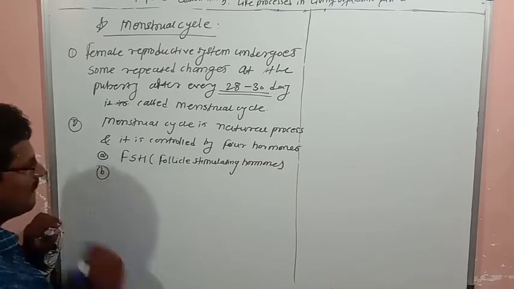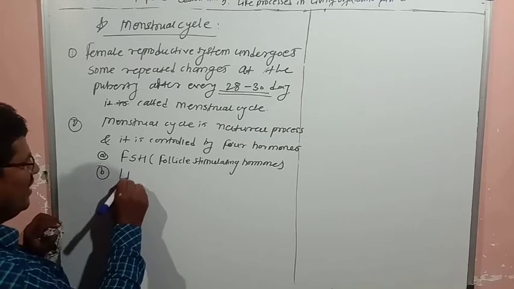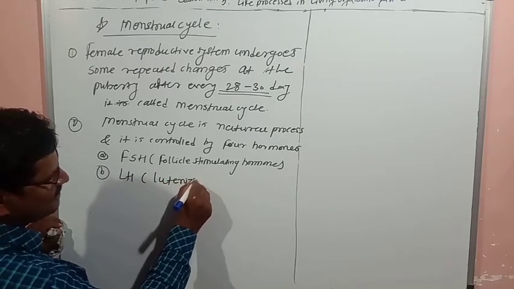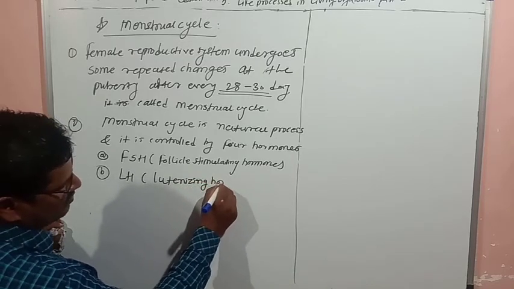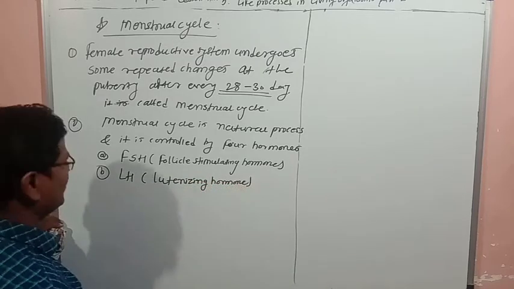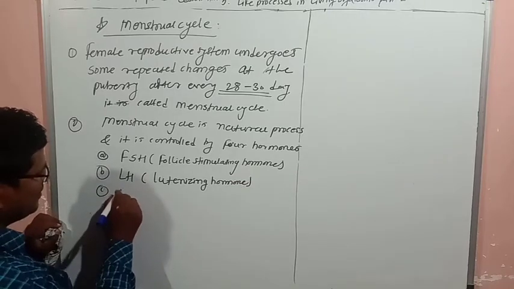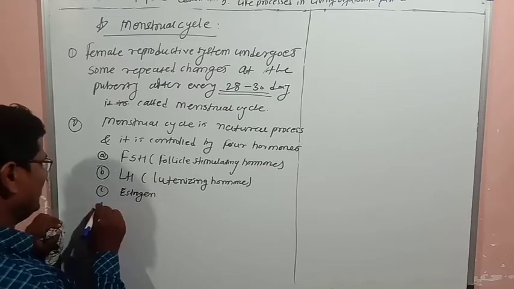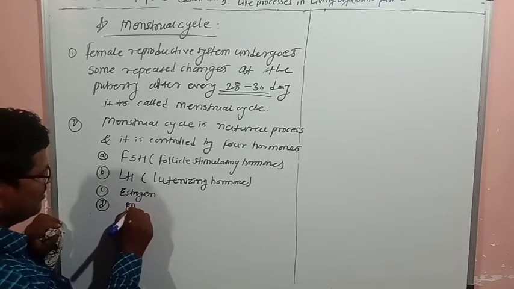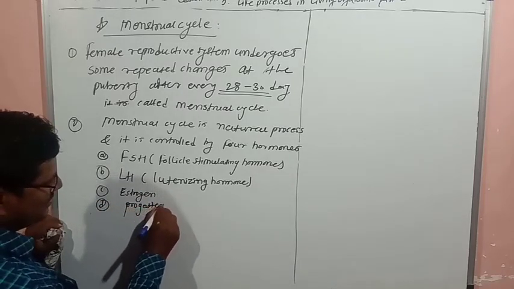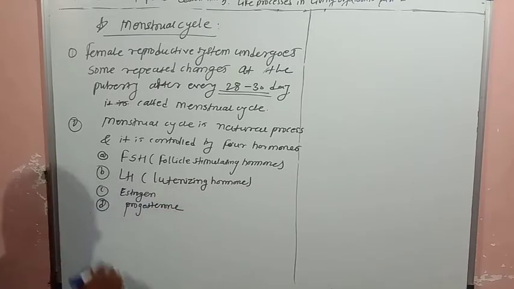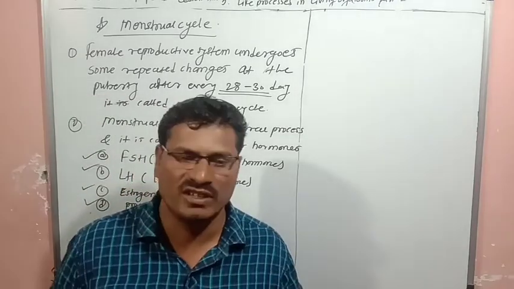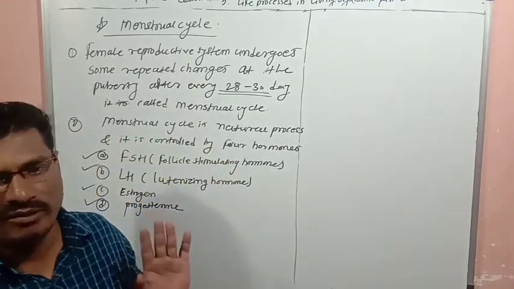Second one is LH, luteinizing hormone. Third is estrogen, and fourth is progesterone. So these four hormones are controlling the menstrual cycle in the female.